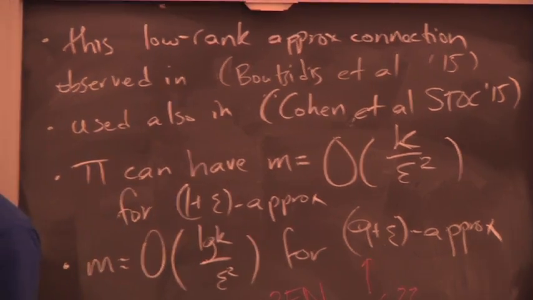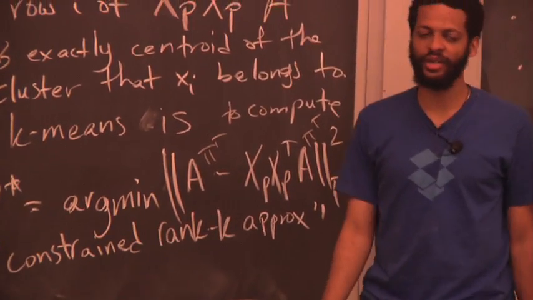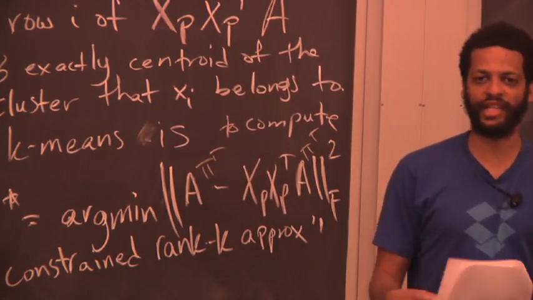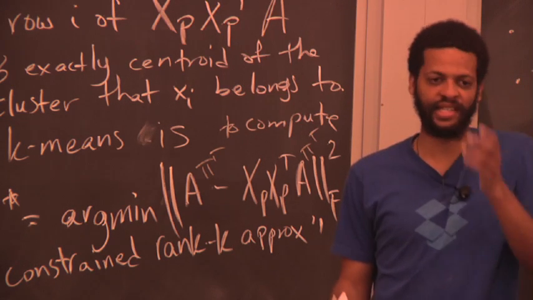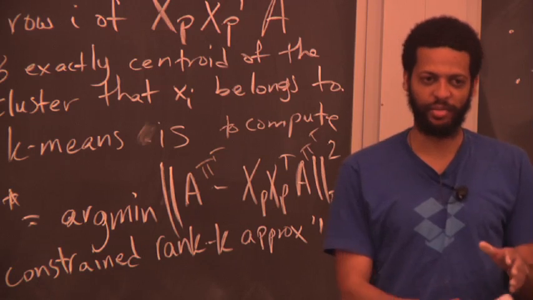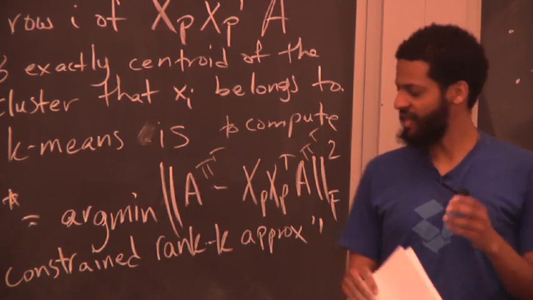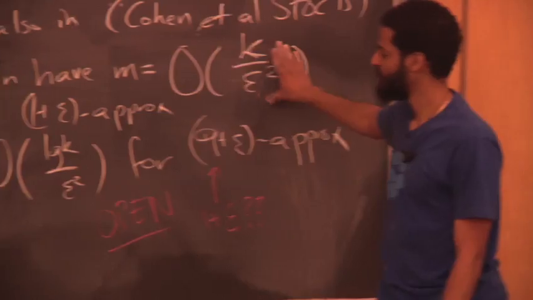I should mention that this result, k over epsilon squared, is for a more general problem, which is constrained rank k approximation. Suppose I give you a constraint set that contains only some k-dimensional subspaces, and I say, find me the best rank k approximation that lives in one of those subspaces. Then they say if you map to k over epsilon squared and do sketch and solve, you'll get that.